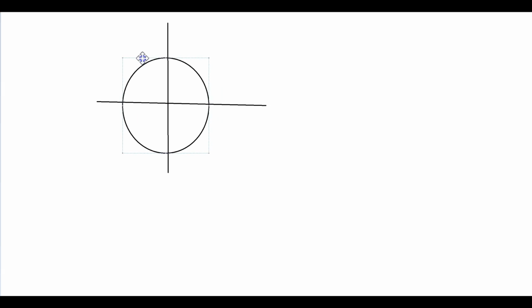So this is a circle. And let's say the cross sections perpendicular to the x-axis were all squares.